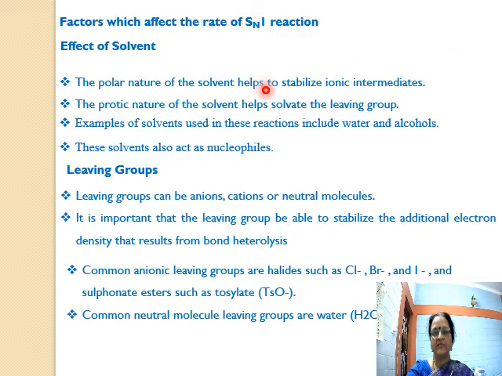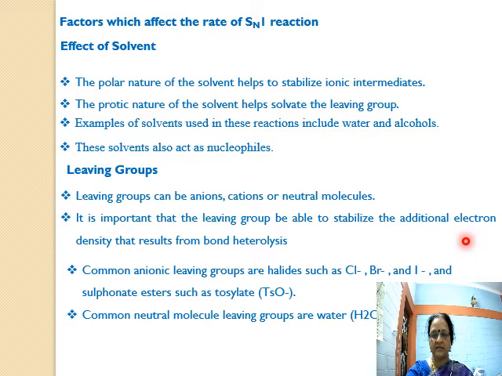I hope I made myself clear about solvent and leaving group. All you have to know is, in case of solvent, you require polar nature, and also the solvent should have protic nature, and the common solvents we use are water and alcohol. When you talk about leaving group, the leaving group can be anion, cation or neutral molecules, and they should be able to bear the additional electron density that results from bond heterolysis.